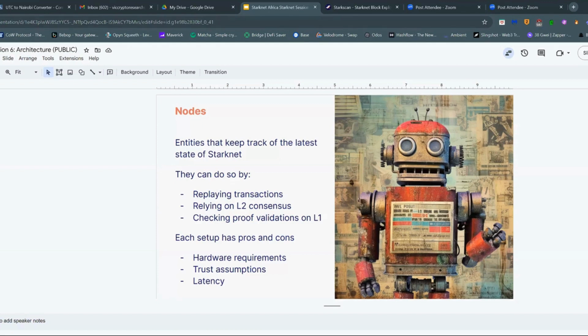They're able to do so by replaying transactions, relying on the consensus of layer 2 validators, and they can also reconstruct the state by using the proofs which are stored on layer 1. So these are three different methods, and the methods come with their fair share of pros and cons, so it depends on the needs of the user.